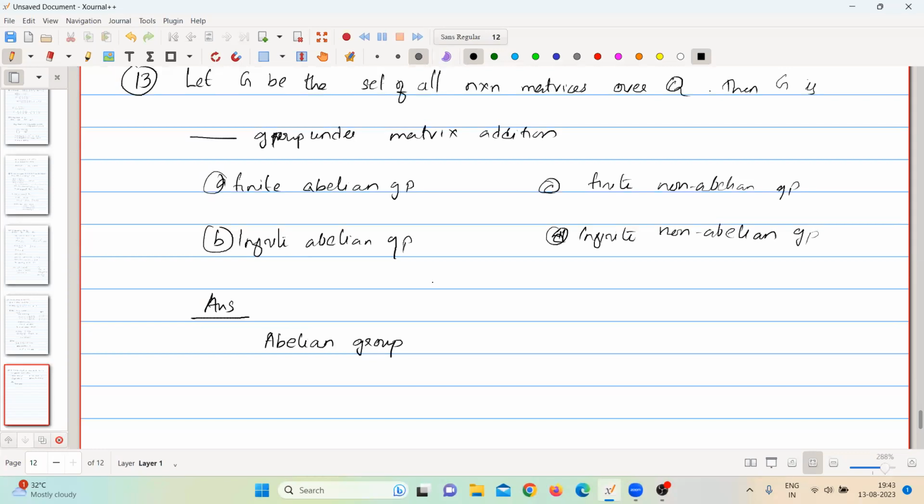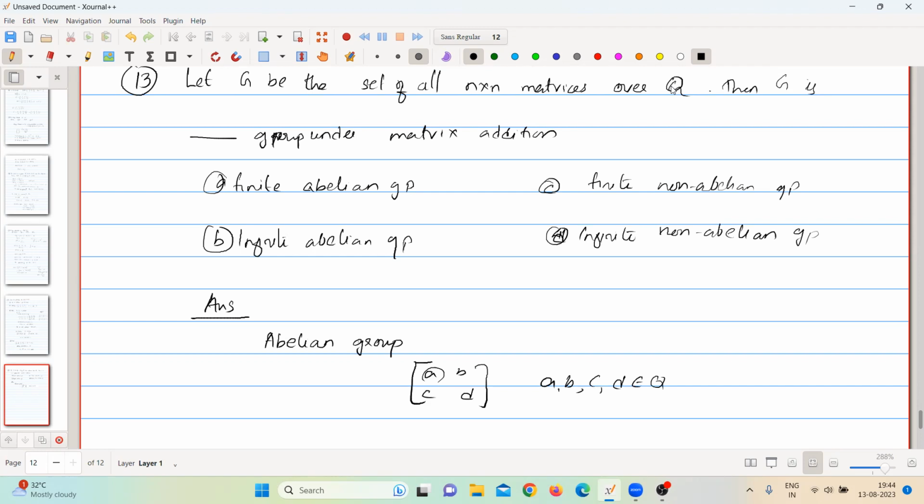Ma'am, I guess it contains an infinite number of elements. Yes, it is an infinite group because we are taking all the matrices over Q, and Q is a countably infinite set. Suppose I take a 2 by 2 matrix with entries A, B, C, D, all belonging to Q. Each element can vary over all of Q, which contains infinitely many elements.